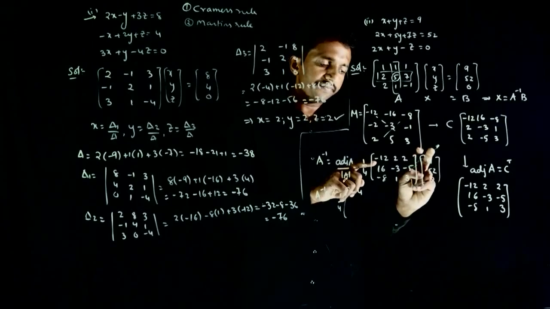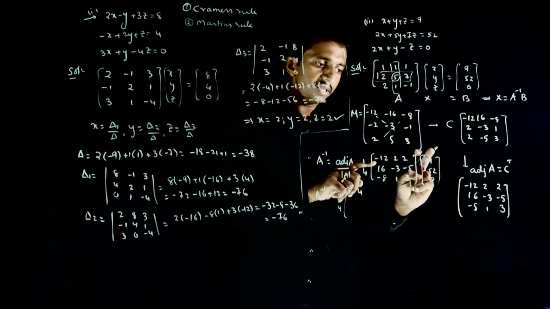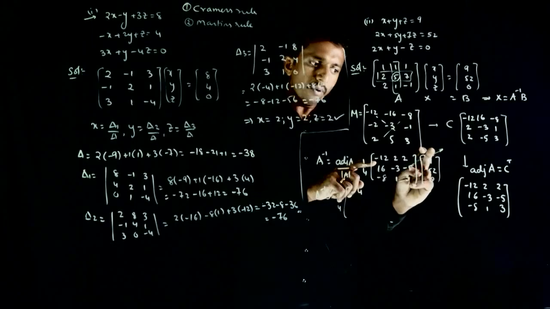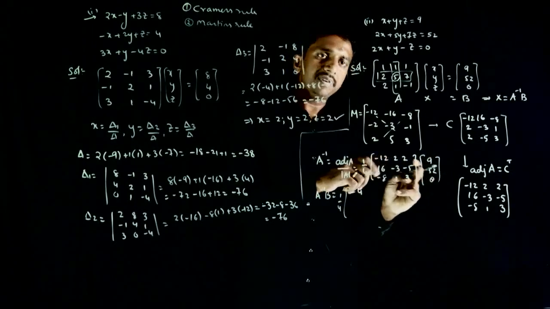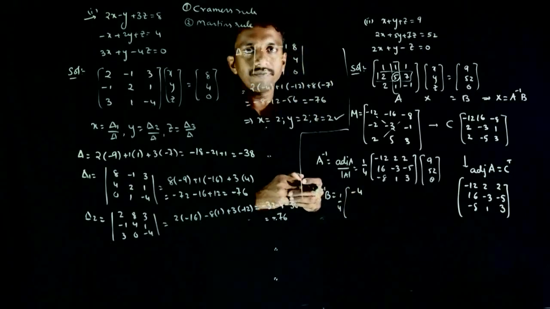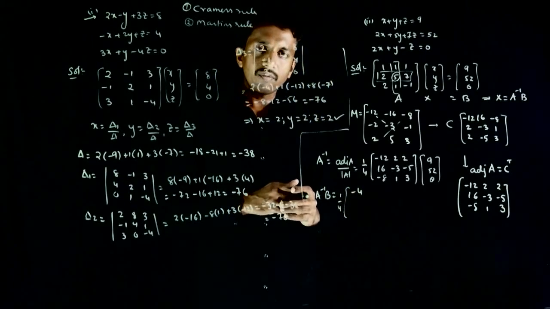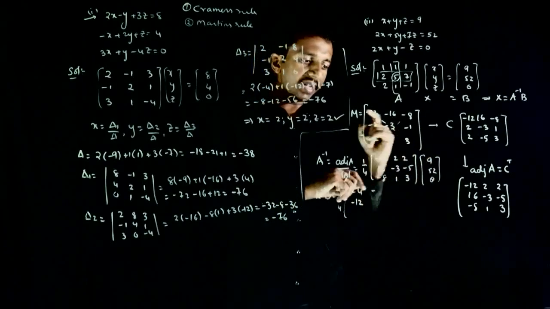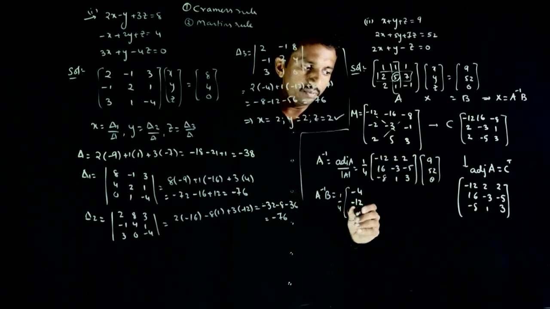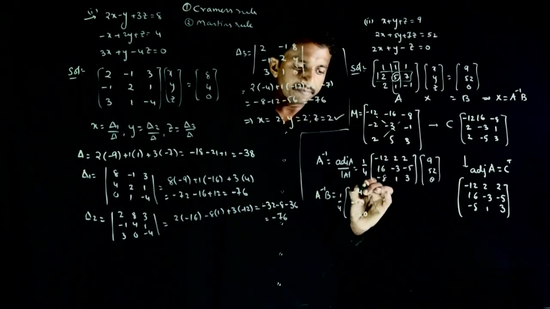16 nines are 144, minus 156. 144 minus 156 is minus 12 and minus 72 plus 52 is minus 20.